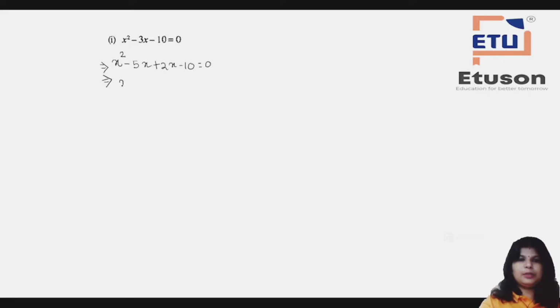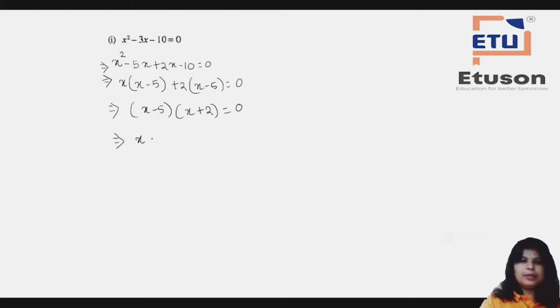Now let us take common x into x minus 5. Then you take plus 2 common into x minus 5 is equal to 0. It implies x minus 5 into x plus 2 is equal to 0. It implies x is equal to 5 and x is equal to minus 2. How have I got this?